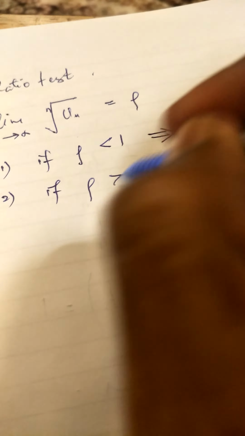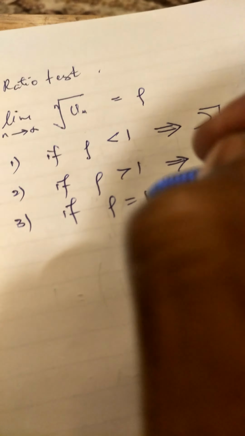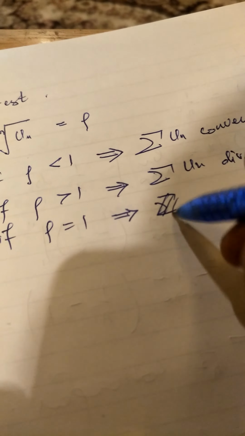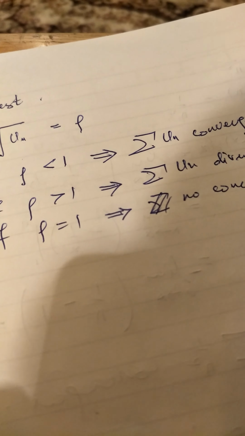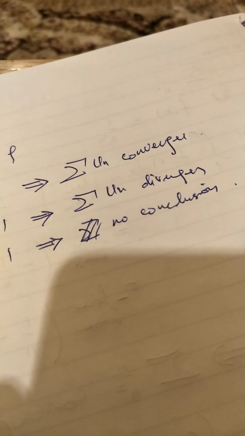Number 2, if rho is greater than 1, then the series diverges. And if rho equals 1, it is inconclusive, no conclusion can be made. No conclusion can be made means we don't know whether the series converges or diverges.